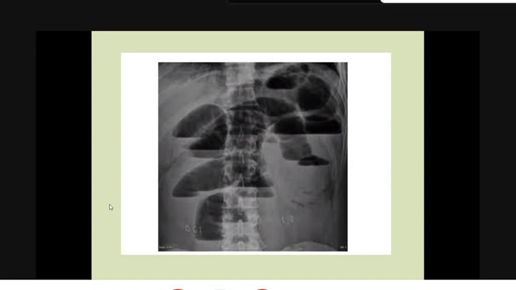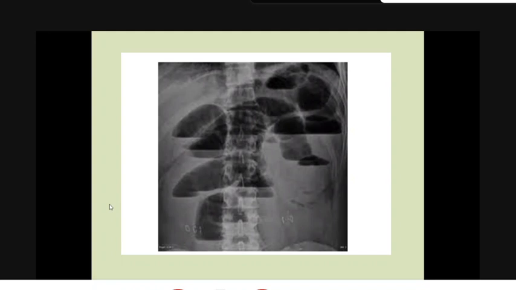Two types of plain abdominal film can be used for the diagnosis of small or large intestinal obstruction: the erect plain abdominal film and the supine plain abdominal film. Both can be used. So what will we see on a plain abdominal film?